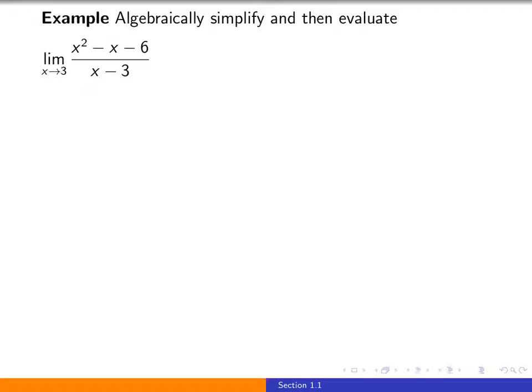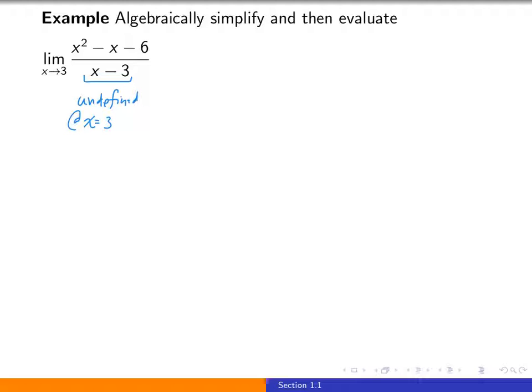minus 6. So the observation is that the function is undefined at 3. So we can't directly think about just replacing each x with 3. We want to know when x is close to 3, what are those function values going to be close to?